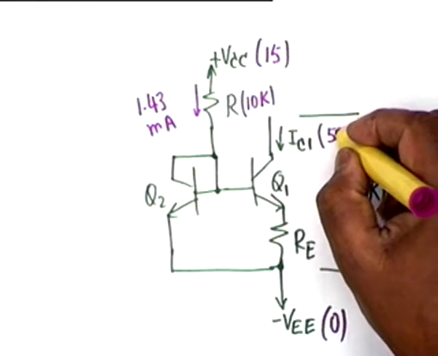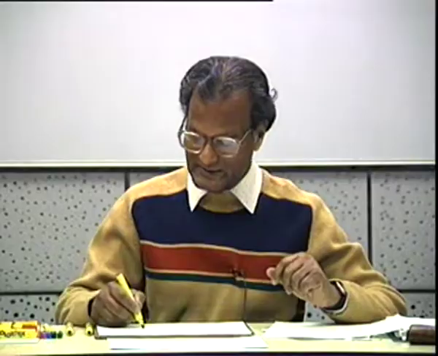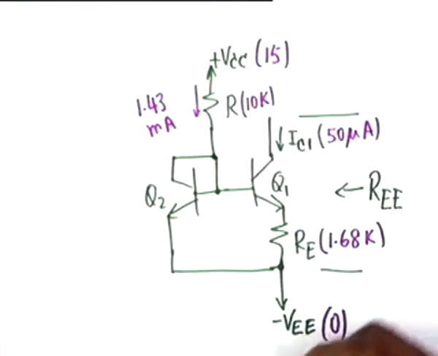I sub C1 we want to be 50 microampere as an example. This is the level of current that is permitted in an integrated circuit differential amplifier. Then R sub E was calculated as 1.6K with 50 microampere and 1.43 milliampere.